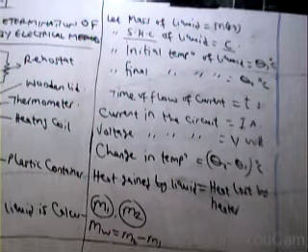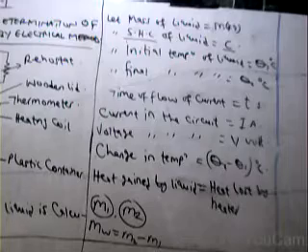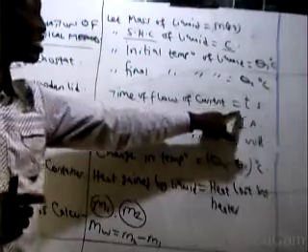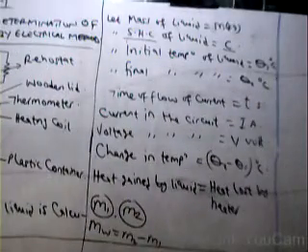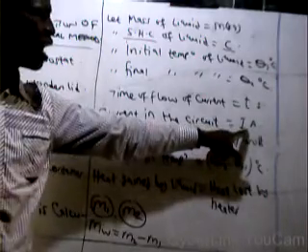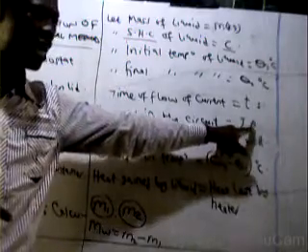We also determine the time of flow of current. In the laboratory, we can use our stopwatch to determine the time taken for the electrical energy to flow through the circuit. So we record that value down. That is T in seconds. We also use our ammeter, so we read our ammeter and record the value of the current that has flowed through the circuit as I, the unit of electrical current being the ampere.